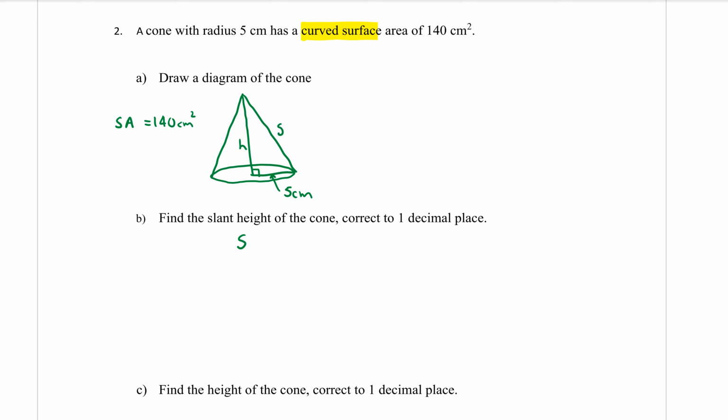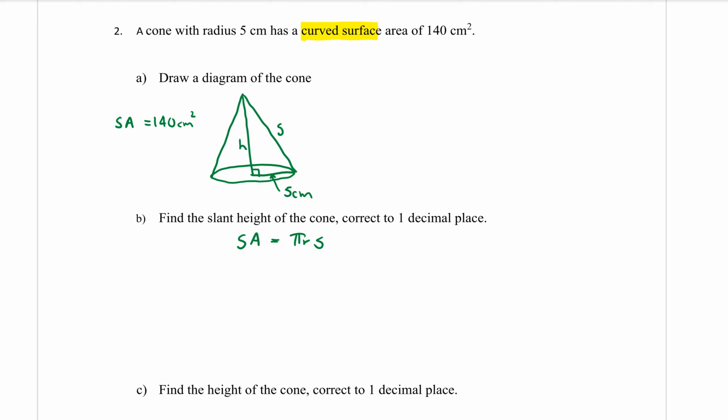The curved part, not the circle on the bottom. So when I'm writing my formula down here, I don't want to include the circle part. I just want the curved surface part of the formula. So that means I need the formula SA equals, not the circle, just the pi RS, just the curved surface part.